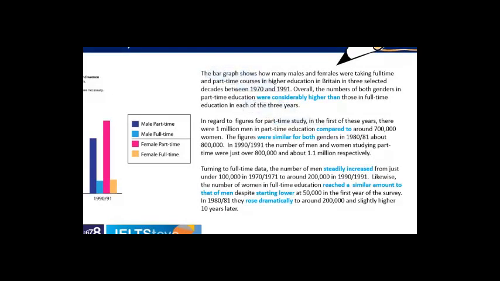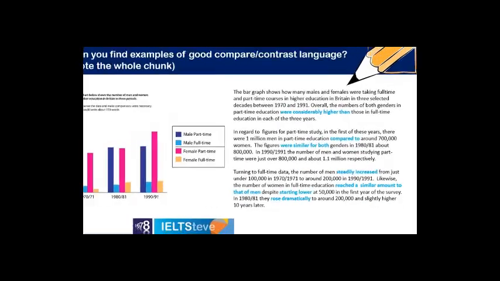So they're comparing different chunks of information, which is very important in the IELTS test. In fact, the instructions will tell you to make comparisons where relevant on the actual question sheet. So IELTS Task 1 wants you to compare, so using good contrast language is very important in the IELTS test.